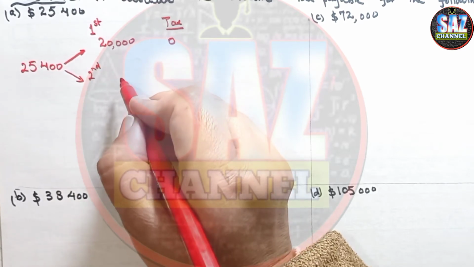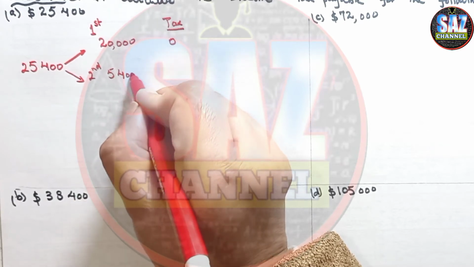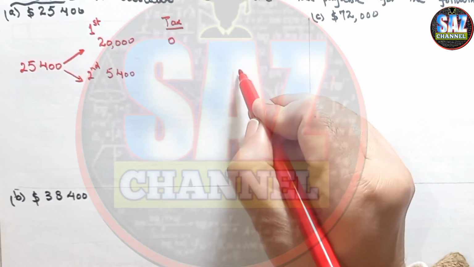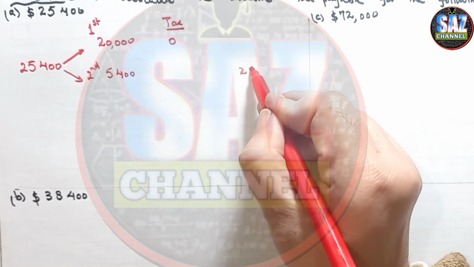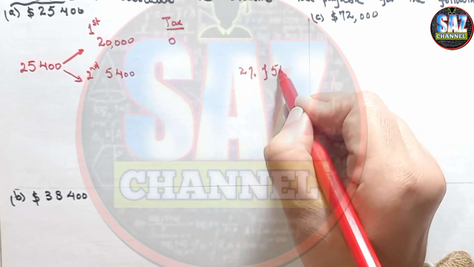On this 5,400, I have to pay tax at 2%. So I calculate 2% of 5,400.